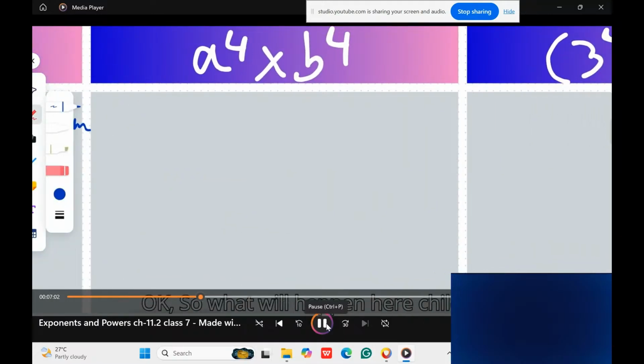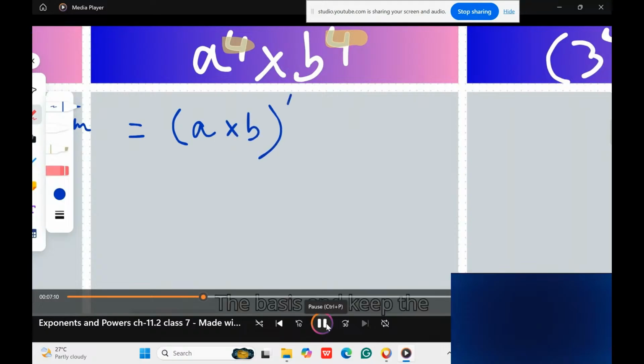Next question. Now this question is based on the rule that we have just seen. So what will happen here, children? The powers are same. So we will multiply the bases and keep the power same. It will become (AB) to the power 4. Now, you would notice that I have placed the bracket around A and B, right? Why? What if I write suppose A, B to the power 4?